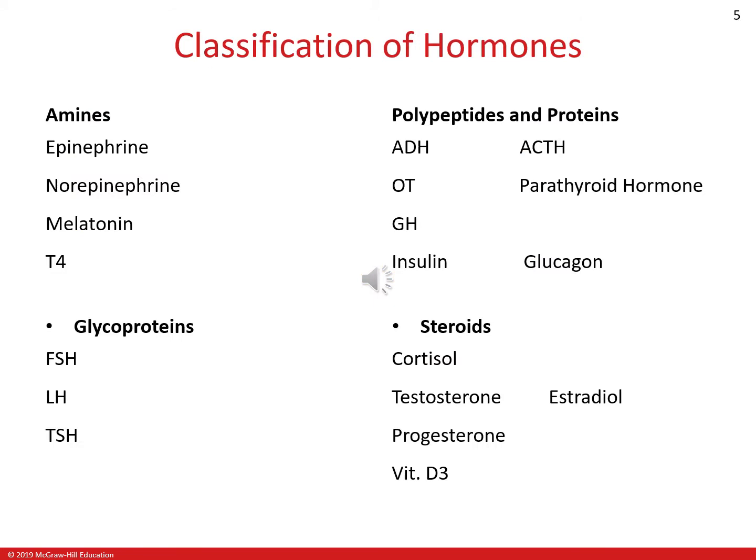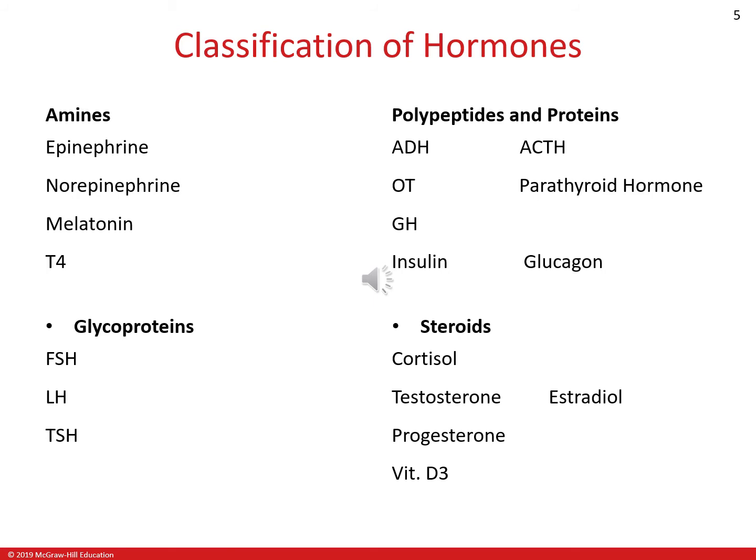I took the time to classify the hormones by the chemical structure in 4 different groups. The groups are amines, polypeptides and proteins, glycoproteins, and steroids. Chemically, the amines are molecules similar to amino acids. Samples of those are epinephrine, norepinephrine, melatonin, and T4.